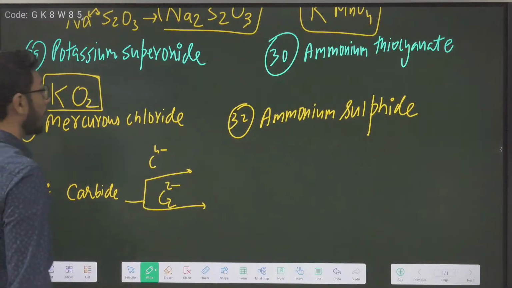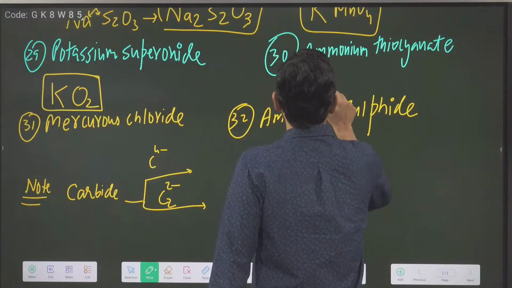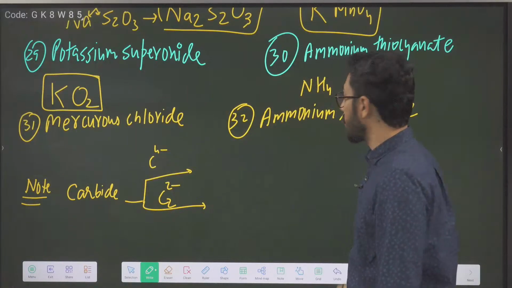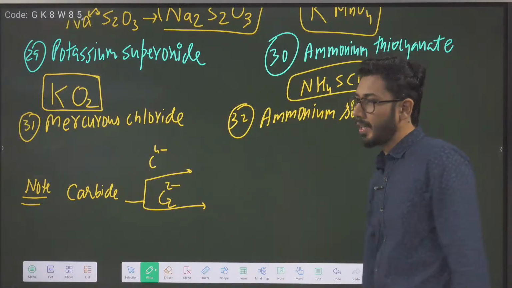Thirtieth, ammonium thiocyanate. Ammonium is NH4 plus 1, net charge 1. Thiocyanate, today we have discussed, SCN. NH4SCN.